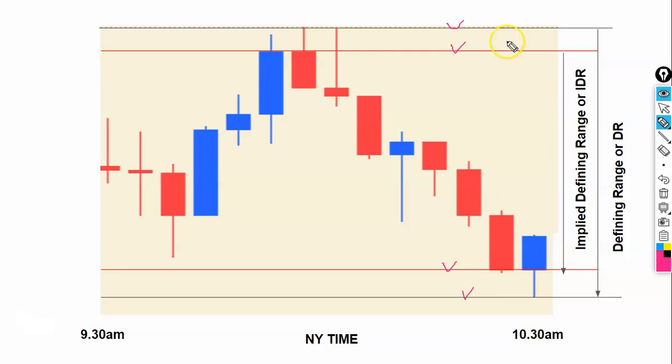If price closes above the implied, this red line here, this is an early indication that price wants to go higher, and the low here becomes the low of the session. This becomes the low of the session. Till the New York session closes, price should not take out this low.